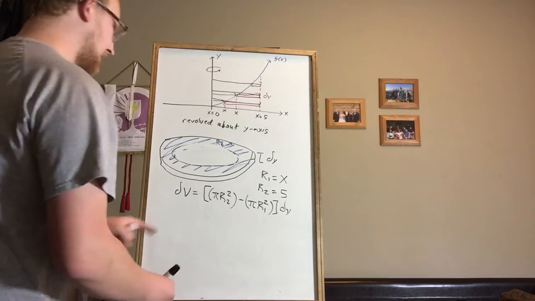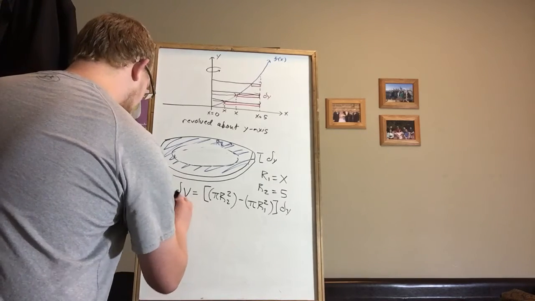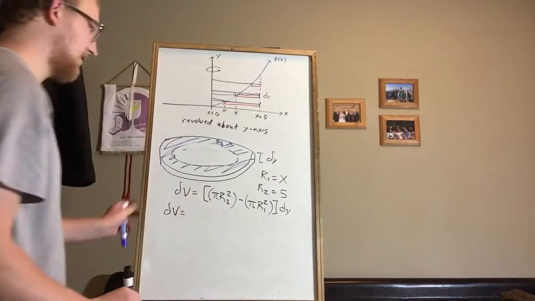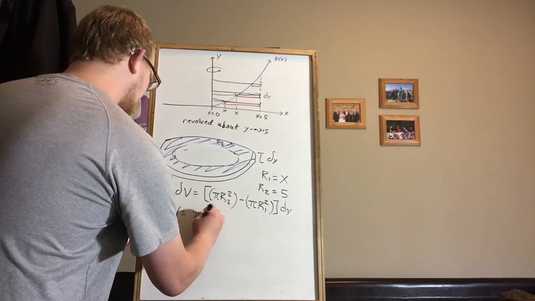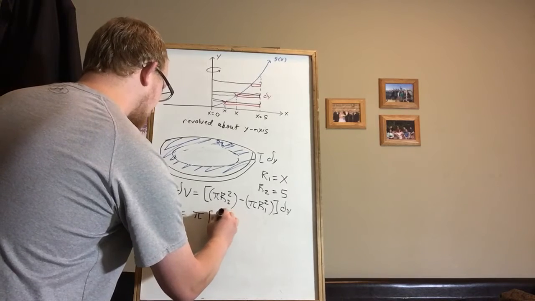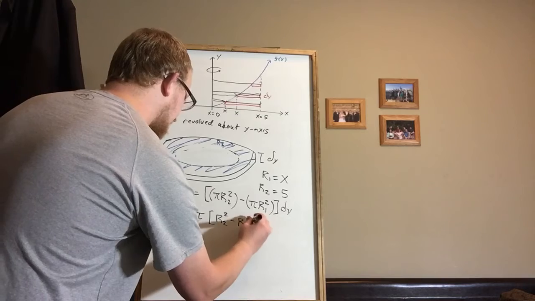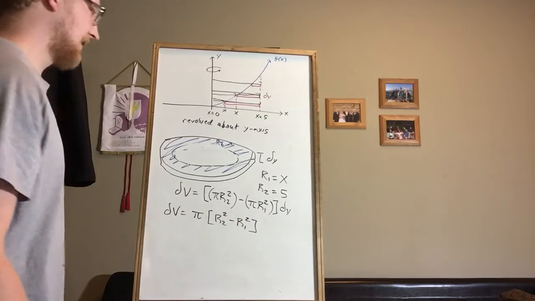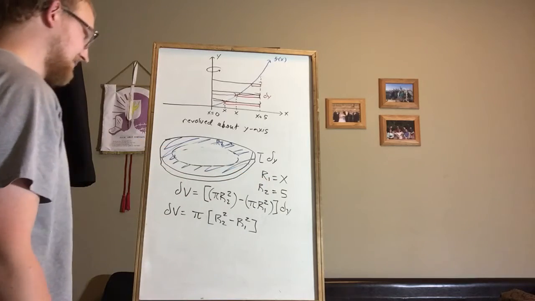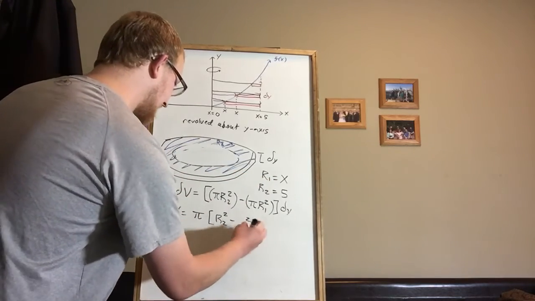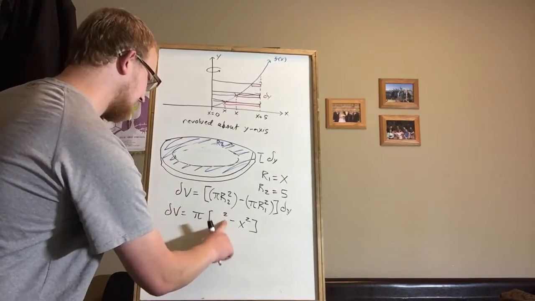And so we can simplify this a little bit further. We could say that dV equals, well, we could pull pi out of both terms. R2 squared minus R1 squared. And, of course, we found that R1 is x, so we could plug that in. And we found that R2 is 5 for this specific example.